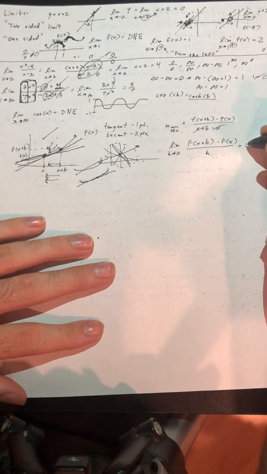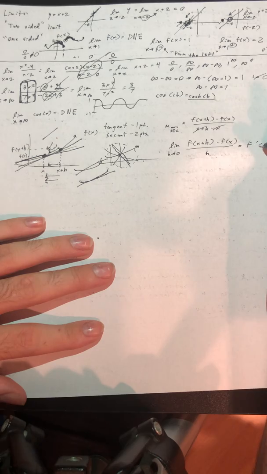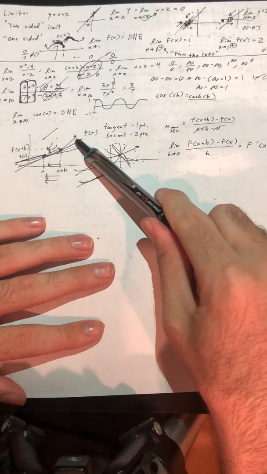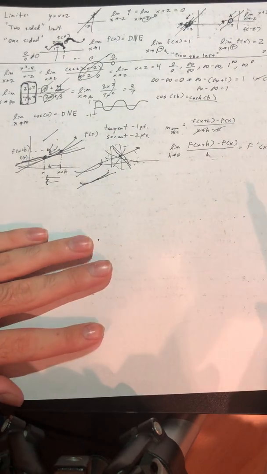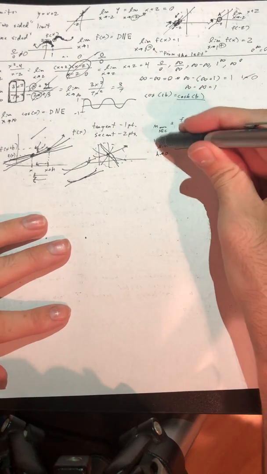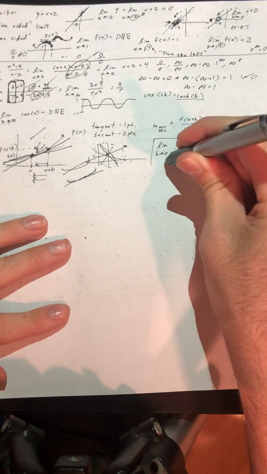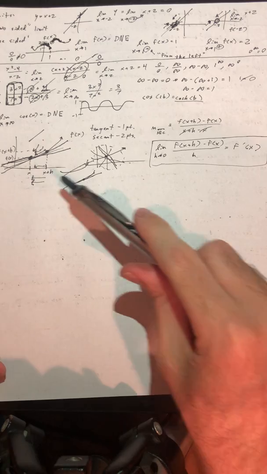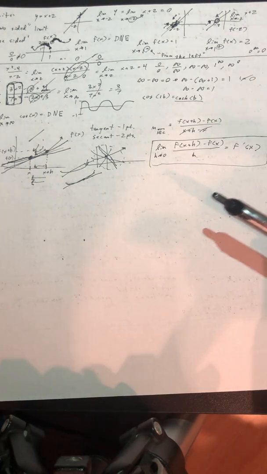And we define this to be the derivative of your function f of x at x. That is the definition of the derivative. It's very, very important to know.